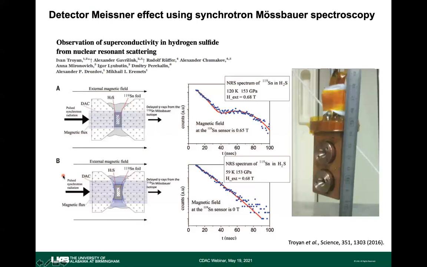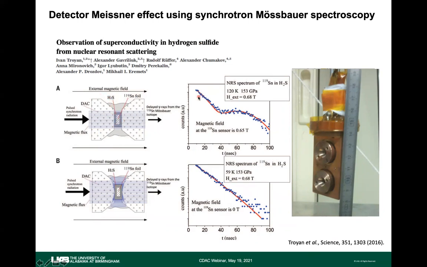Okay, and another interesting application is detecting the Meissner effect. In this nice work on hydrogen sulfide, they used a tin-119 foil. This is fully enriched tin-119, and they put this foil immersed in the sulfur hydride.